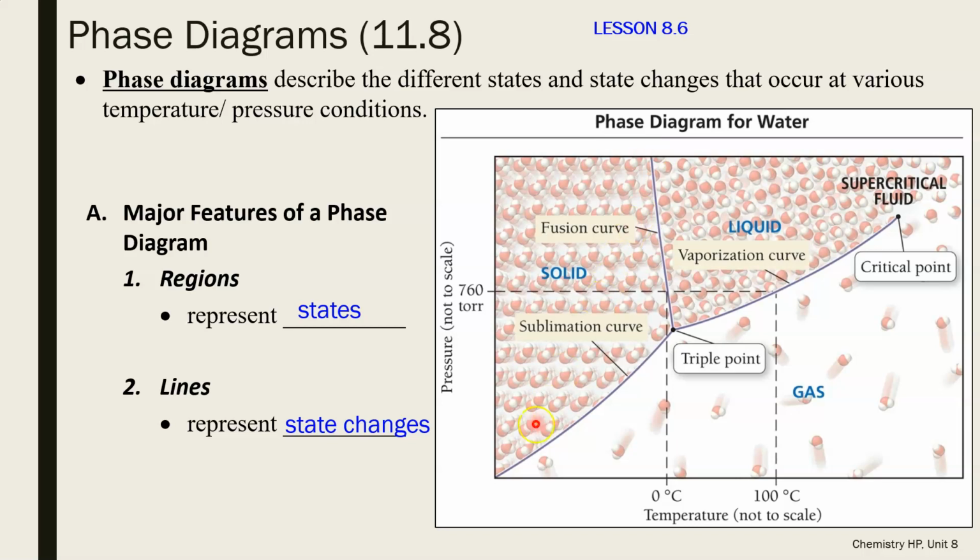The sublimation curve is located below that. That's simply the phase change in going from a solid to a gas. And then this curve right here would represent the vaporization curve, and that'd be going from a liquid to a gas.